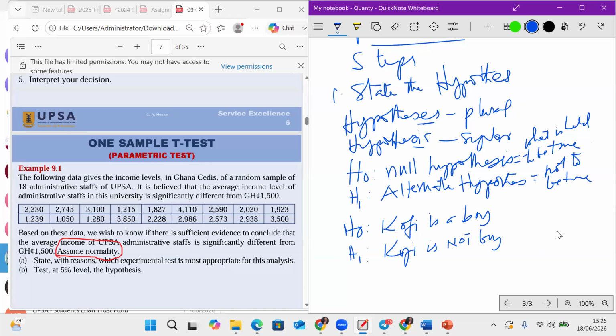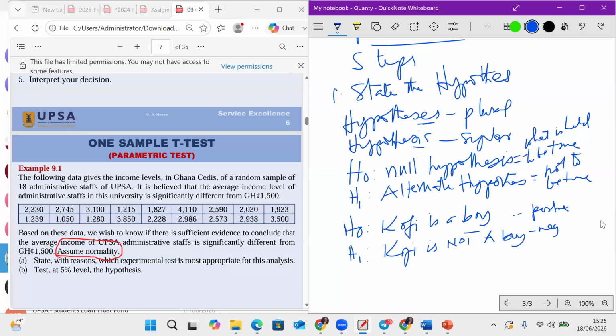The null is a positive statement. We use the words no, not, never to signify a negative statement. To negate it, I say Kofi is not a boy, or Kofi is never a boy. Kofi is not a boy is a negative statement, and Kofi is a boy is a positive statement.